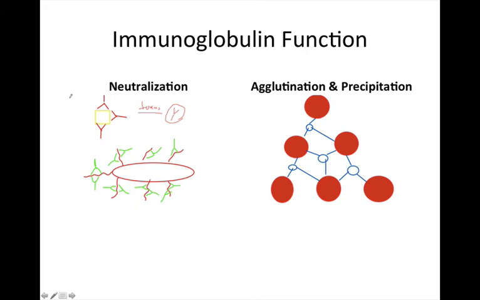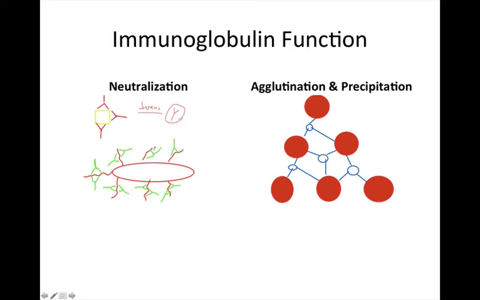Another function of neutralization, like I already mentioned when I was talking about binding to, for example, flagella on bacteria, because remember, that's how bacteria move around. They roll around and skate around and tumble, and they do so with these flagella.